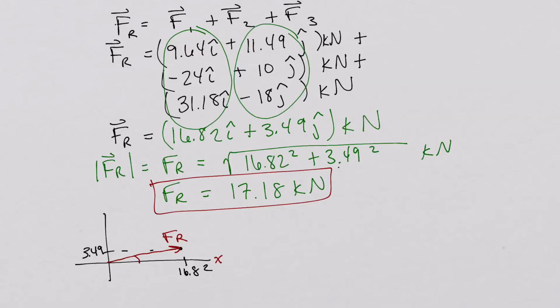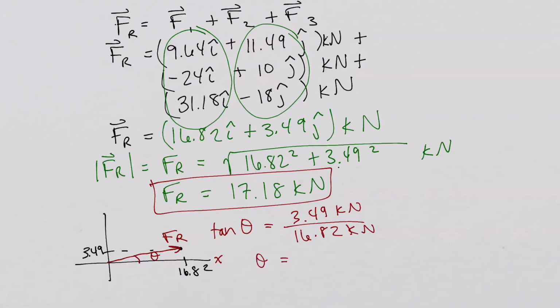So tangent of theta is going to equal the opposite, that 3.49 kilonewtons, over that 16.82 kilonewtons.